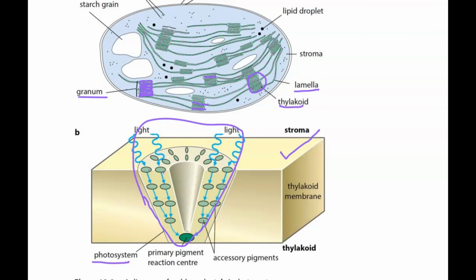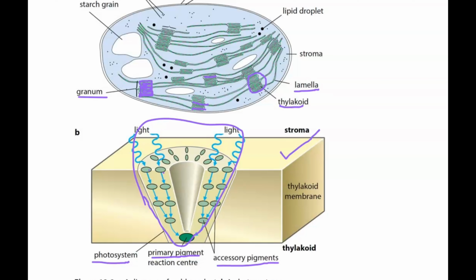The primary pigment is here in the center, and it consists of chlorophyll A and chlorophyll B. The accessory pigments, which surround it all around in a circular or conical shape, are carotenoids and xanthophylls. So these are the light harvesting clusters in which light is being trapped.